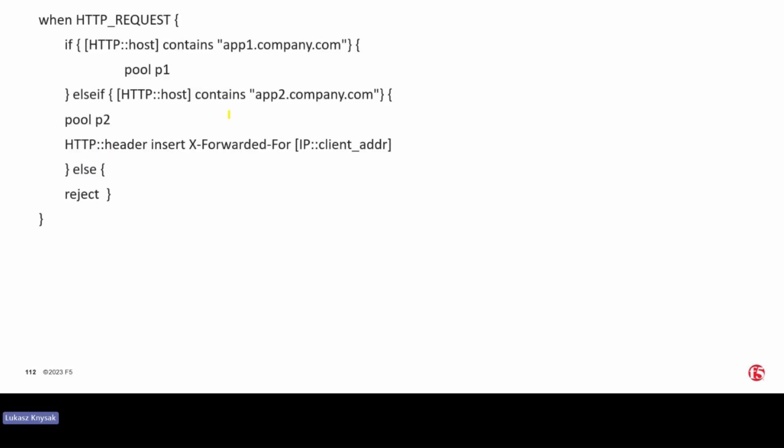Or maybe something that we are going to do in just a second. When an HTTP request comes in, and if the host name contains something, this is the name of the FQDN that the user puts into the browser, then we are using this application. If there's something different, we are using a different application. So in this case, for example, on one virtual server, something that we created yesterday, the traffic is being sent to one default pool.